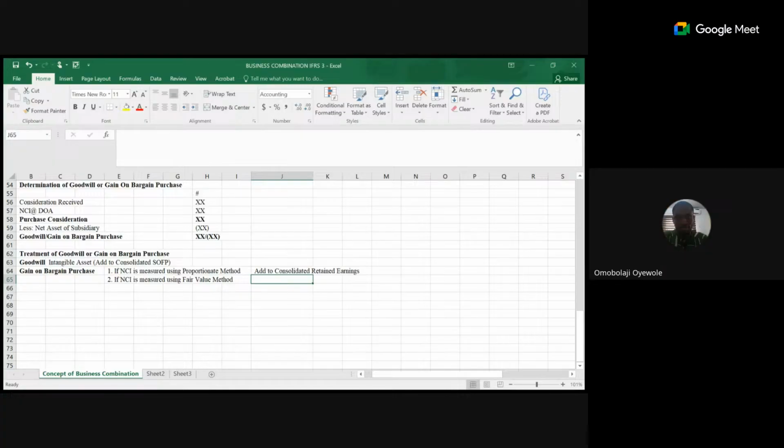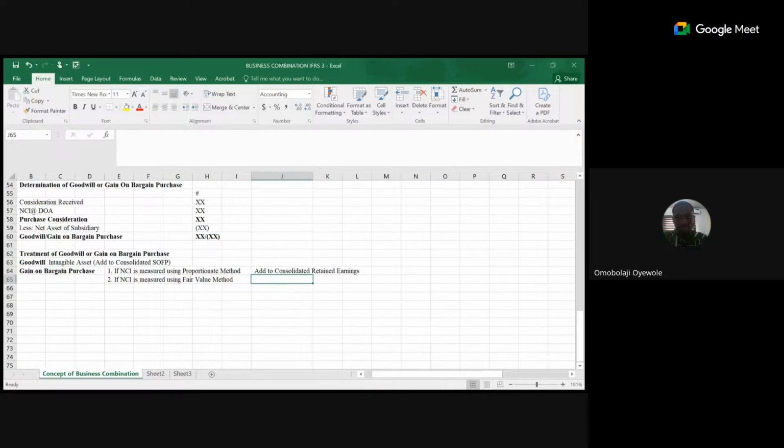Now, if the method I'm using to measure my NCI is at fair value, can you hear? Yes. Okay. If the method I'm using to measure my NCI is at fair value, then how do I treat my gain on bargain purchase?